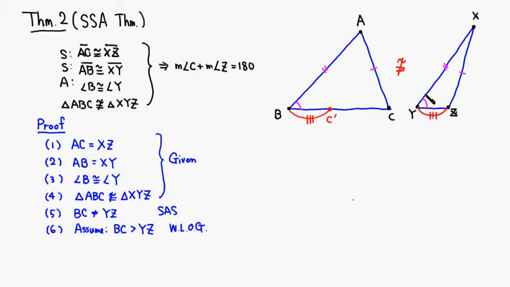I'm going to just draw a triangle. Step 7: I'm going to construct point C prime between B and C, such that BC prime is equal to YZ.